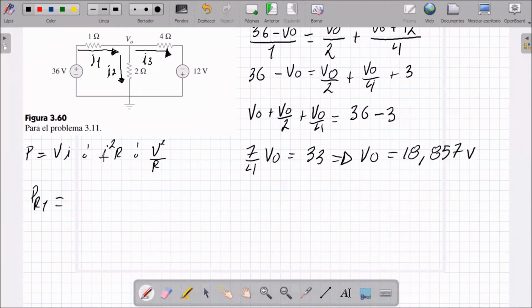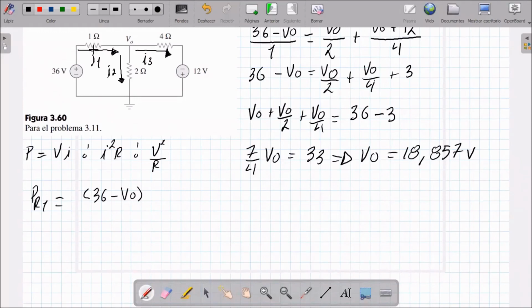Well, then we are saying that we can calculate the power as voltage times current in the resistance, or the current through the resistance squared times the resistance, or voltage squared over the resistance. Okay, so the power in the resistance of 1 ohm: the voltage of 36 volts, I'm going to mark here 36 volts minus V0, this voltage minus this voltage.